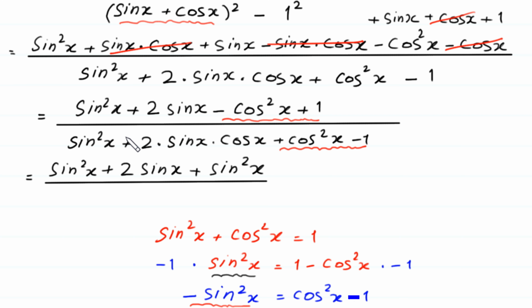We write these two terms first, sine square x plus 2 times sine of x times cos of x, and we replace this cos square x minus 1 with this negative sine square x, negative sine square x.